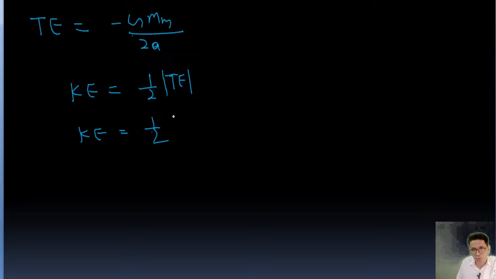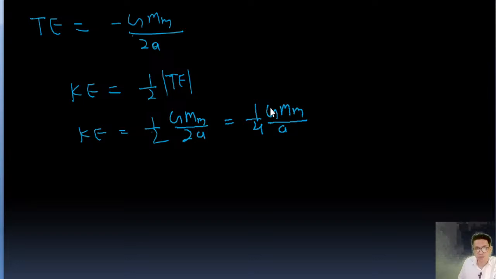So this is going to be 1 by 2 GMm upon 2a, or we can write this value as 1 by 4 GMm upon a.